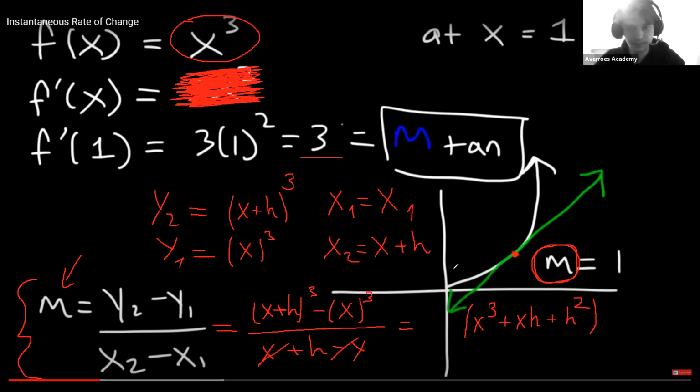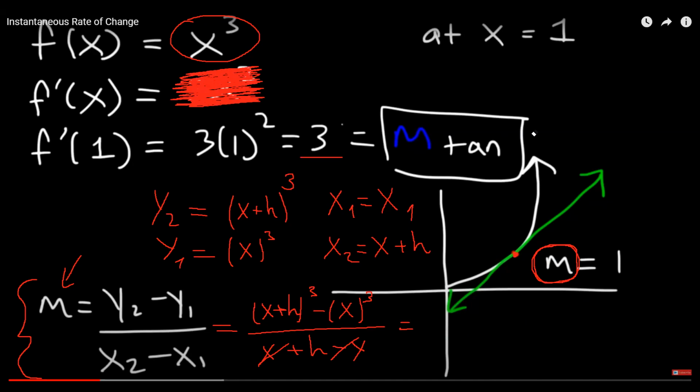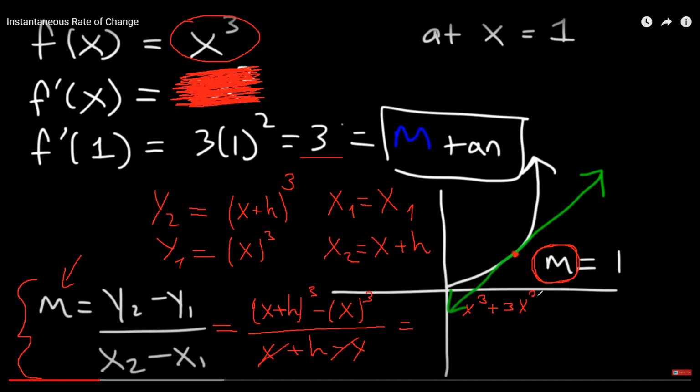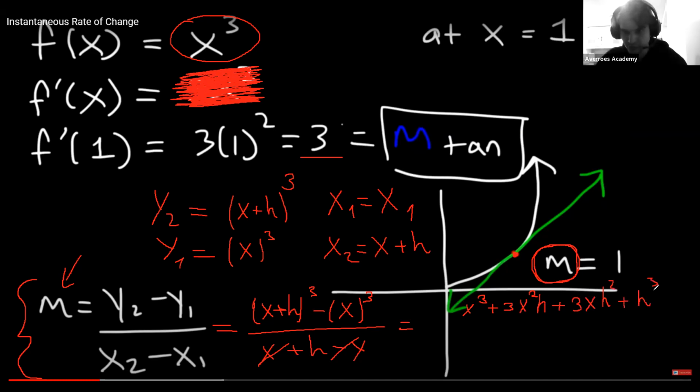Is it right? Let's do it another way. Remind me the formula that we just used for the third power of a sum. a cubed plus 3a squared b plus 3ab squared plus b cubed. In our case, b is h. So x cubed plus 3x squared h plus 3x h squared plus h cubed. All divided by h.